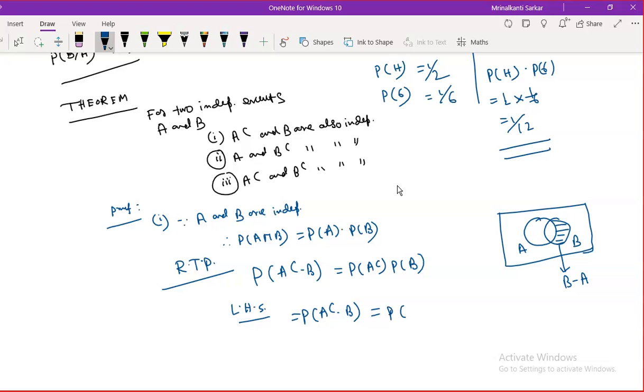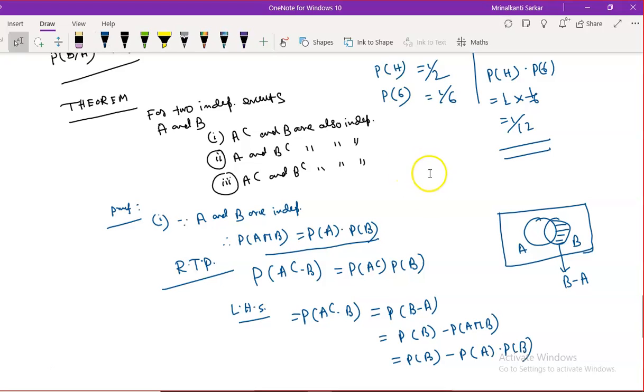So if somebody writes this as P(B minus A), and then he or she says it is P(B) minus P(A intersection B), then it's okay. It will be P(B) minus, as A and B are independent, what do you get?